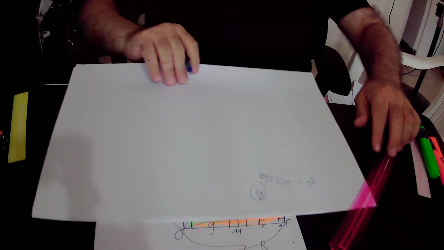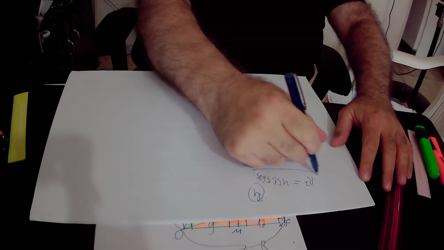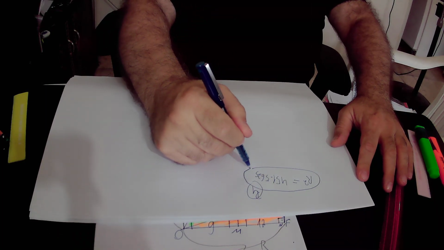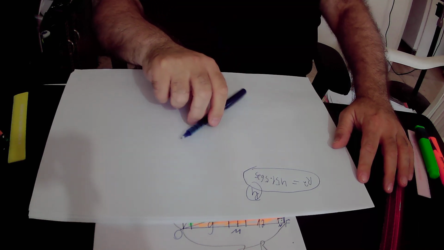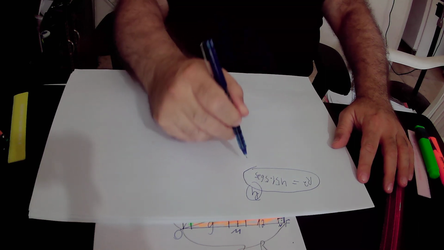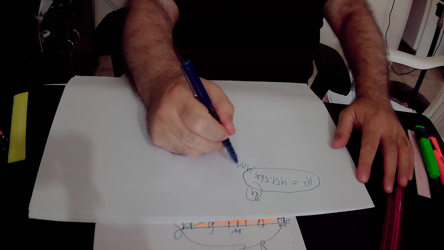So in conclusion, I found out that r squared equals 451.5625 units.